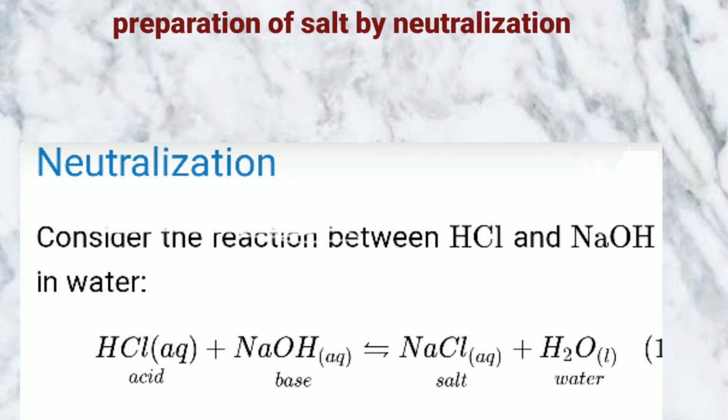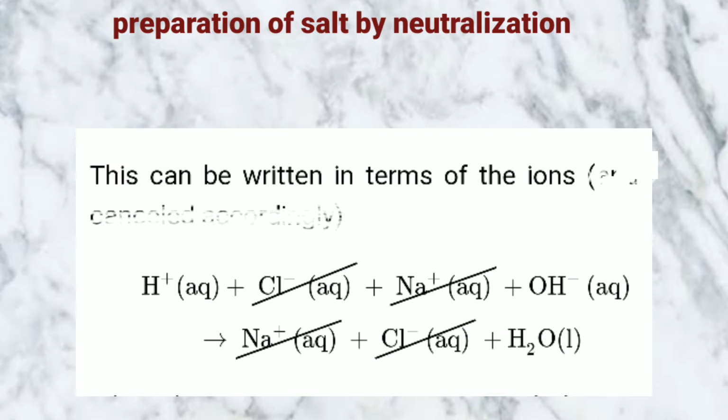For the neutralization reaction, we will consider one example, the reaction between HCl and NaOH. Got it? When HCl molecule is added to water, it forms hydrogen ion and chloride ion. When sodium hydroxide NaOH is added to water, it forms sodium ion as positive ion and hydroxyl ion as negative ion.